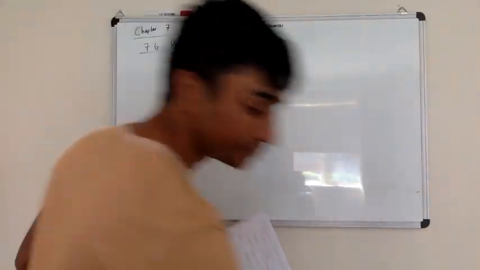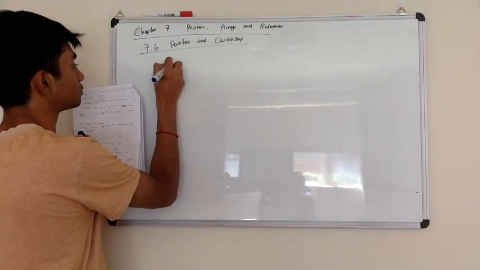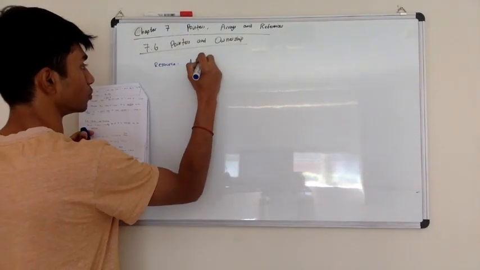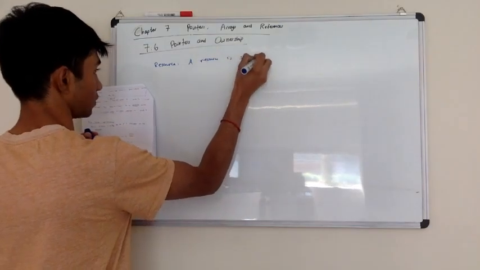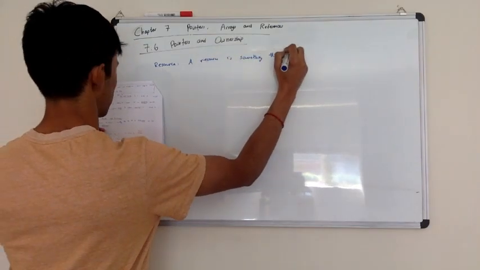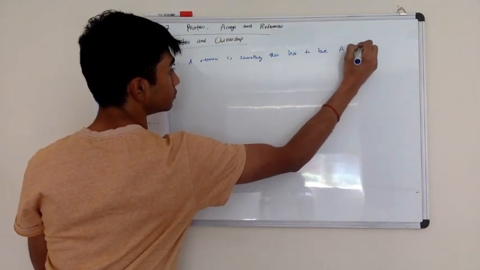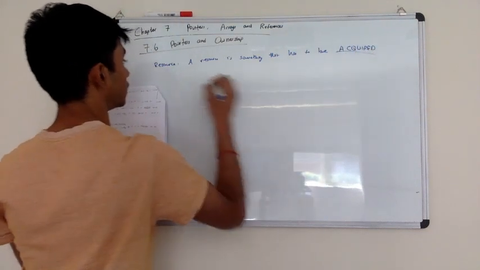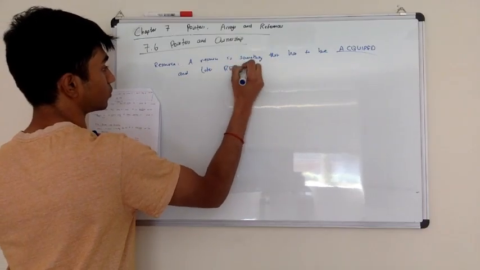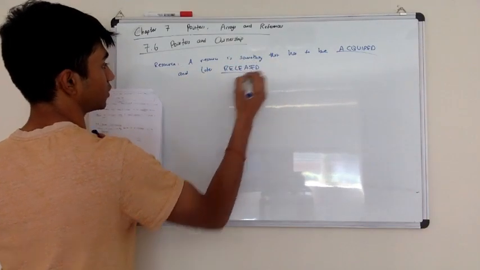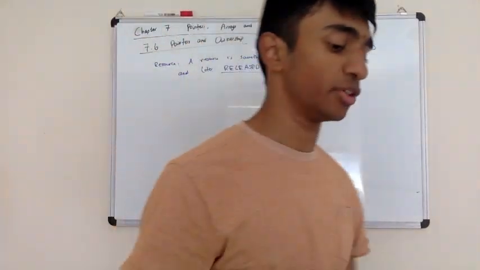But we begin by defining the term resource in C++. So a resource is something that has to be acquired and later released. So this idea of you can acquire some sort of resource and then you can later release that resource.